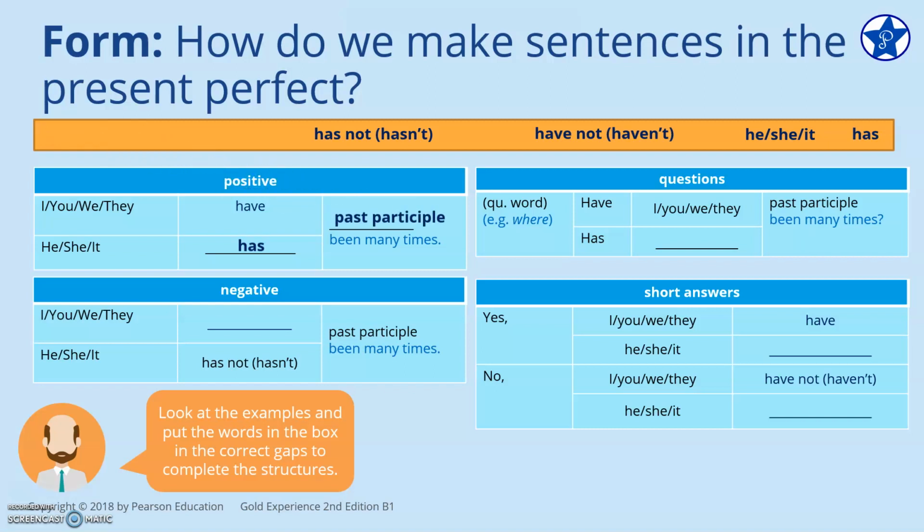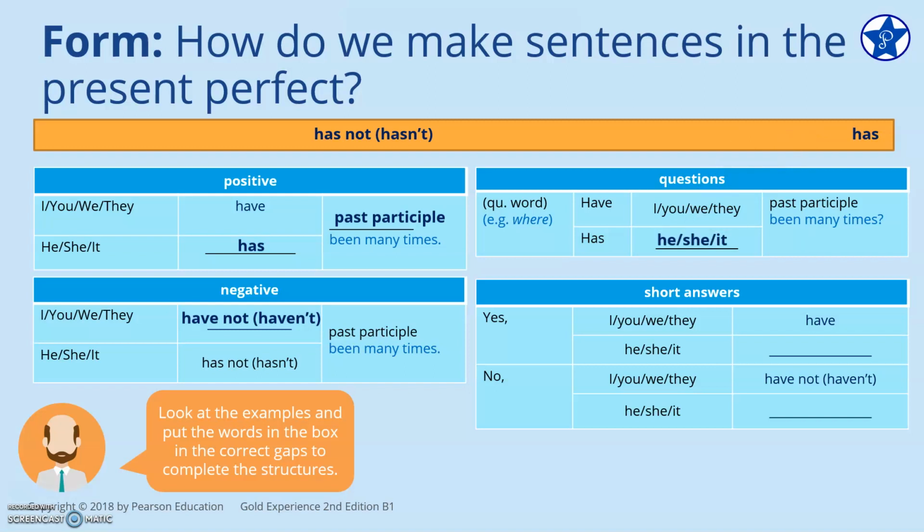So we use I, you, we, they, have with a past participle, and he, she, it with has and a past participle. In the negative, we add not to the auxiliary verb have. So we say I, you, we, they have not or haven't, and after that we use the past participle, or he, she, it has not, hasn't, followed by the past participle.